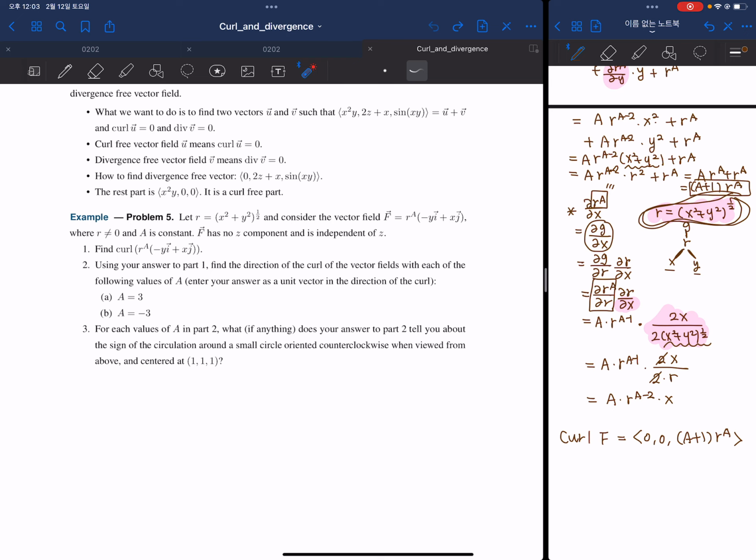So you can just use our positive z direction as the positive direction, so we can say it is positive circulation. So for A, you get the k direction. The curl of F is in the k direction, so you can say it is positive circulation. And then for B, it would be negative circulation.